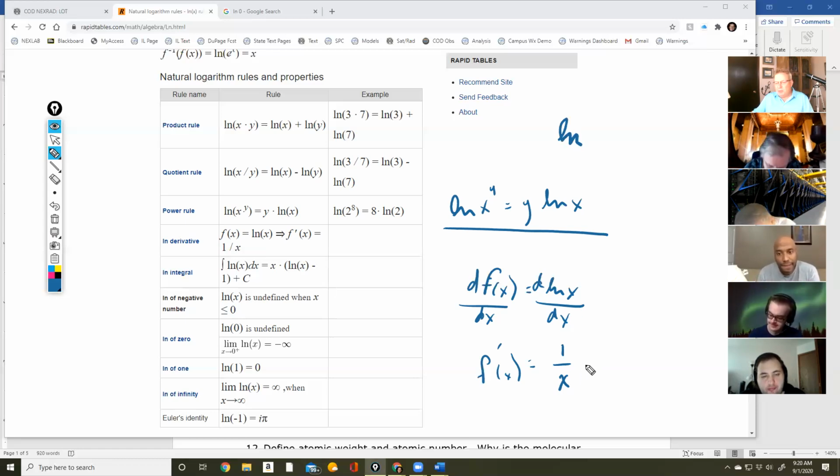Actually, to be more specific, let's do it this way. In the derivative form, it's really, if I do something like this, the derivative of the natural log of x is equal to 1 over x times the derivative of x. And the reason I do that is what happens if I said, instead of x, I did x squared.